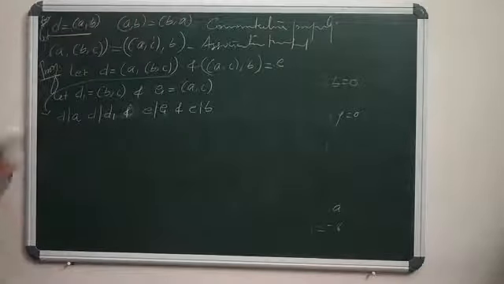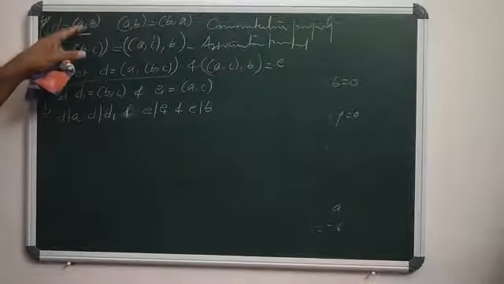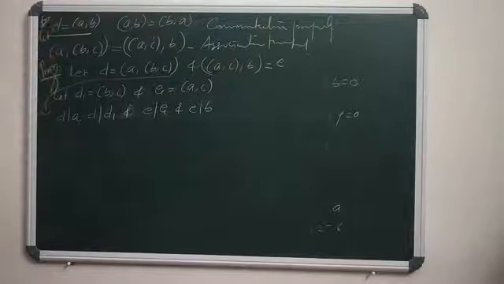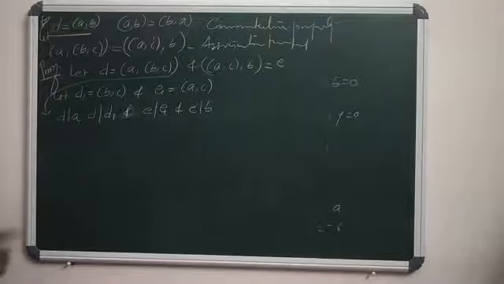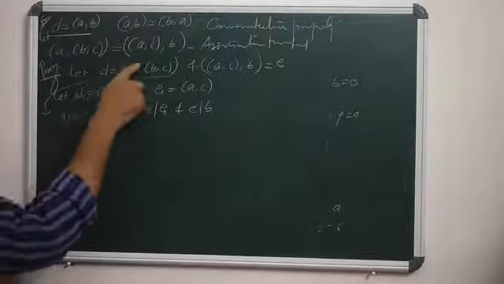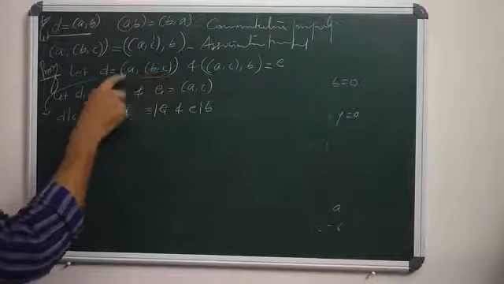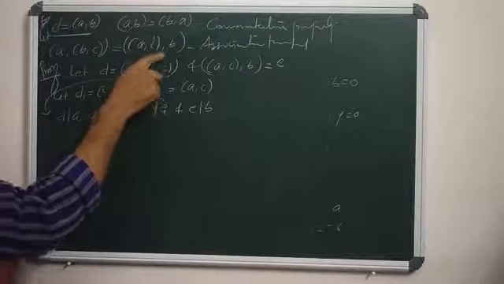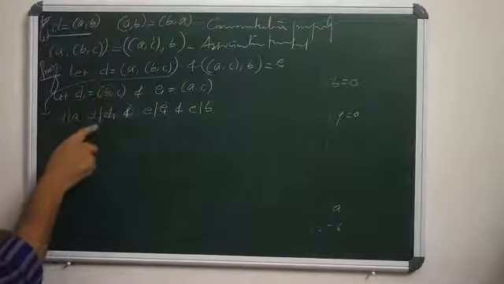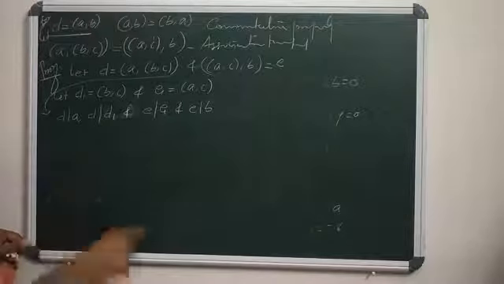That is E1. Why? If D is the GCD of A and B, then D divides A and D divides B. So according to that definition, D is the GCD of A and GCD of B and C, so D divides A and D divides the GCD of B and C. But the GCD of B and C is D1, so D divides A and D divides D1.